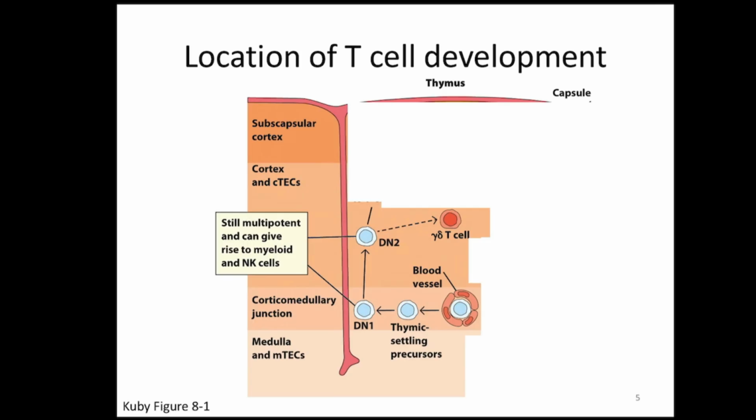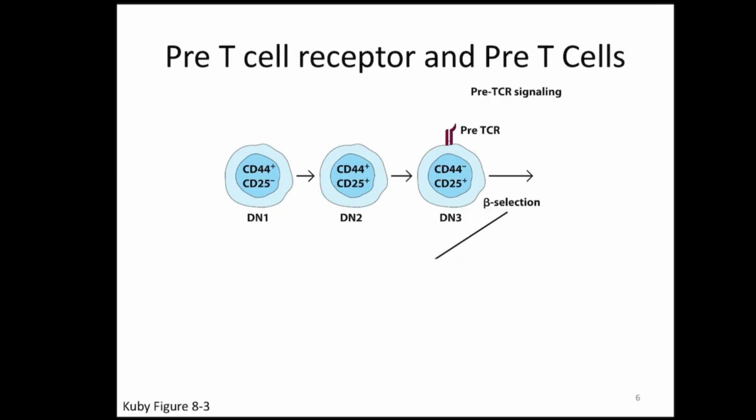Now what we want to do is test that heavy chain on the surface of the cell. And so we will put that cell with its successful heavy chain of beta on the surface of the cell as part of a pre-T cell receptor. And at this point, our cell will be a pre-T cell.